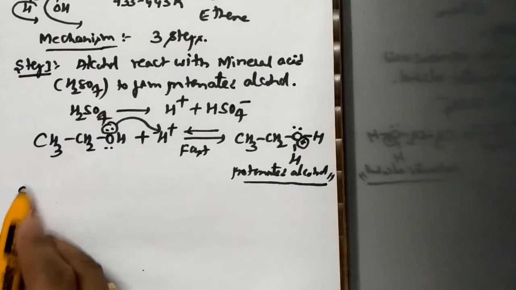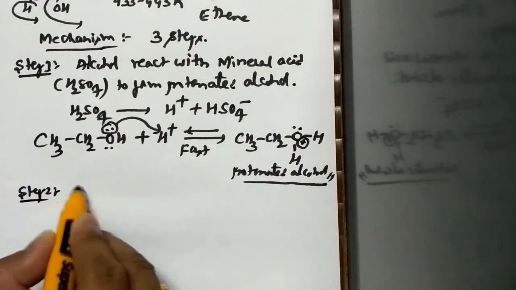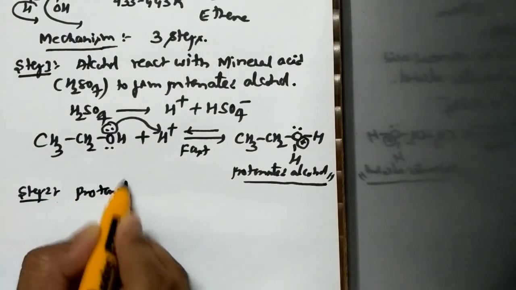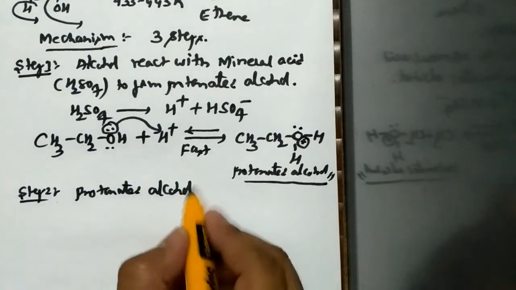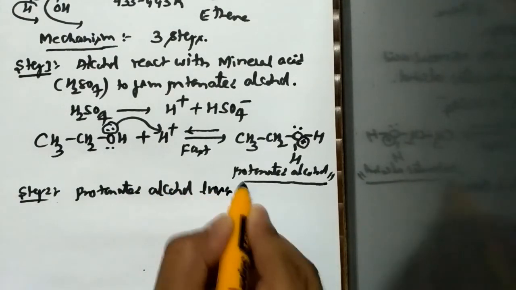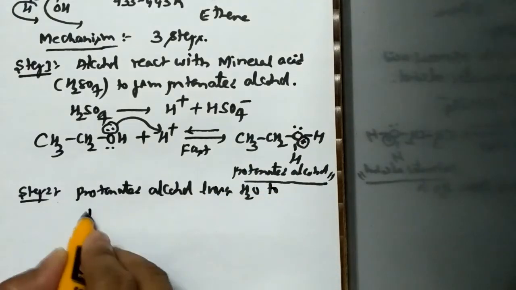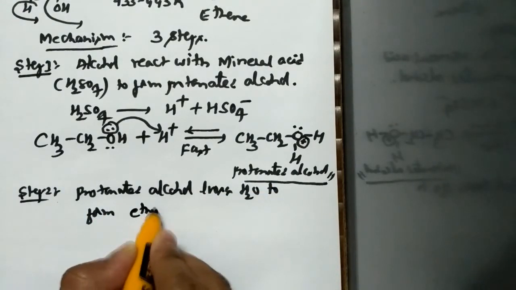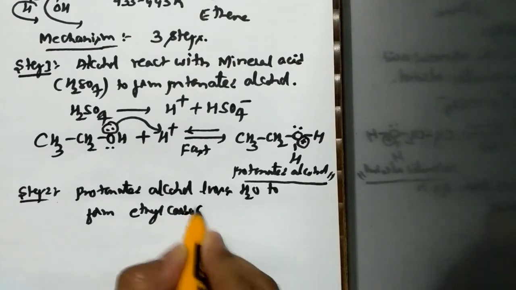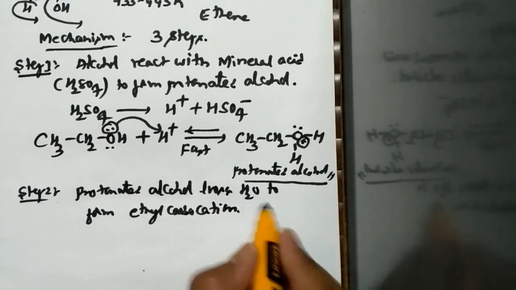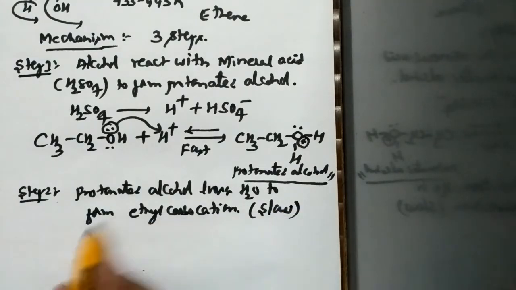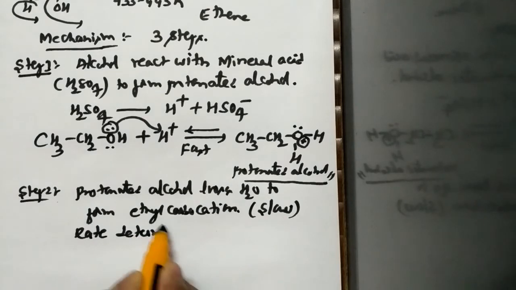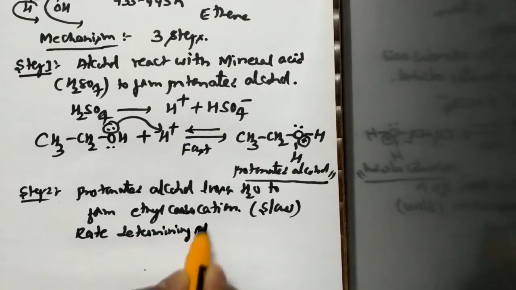Next, step 2. The protonated alcohol formed in the first step loses water to form ethyl carbocation. This particular step is a very slow step. Hence, the slow step of a reaction is called the rate determining step.